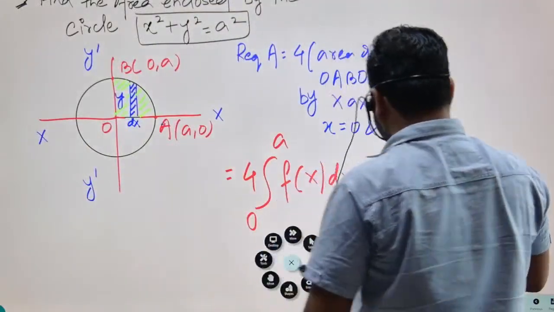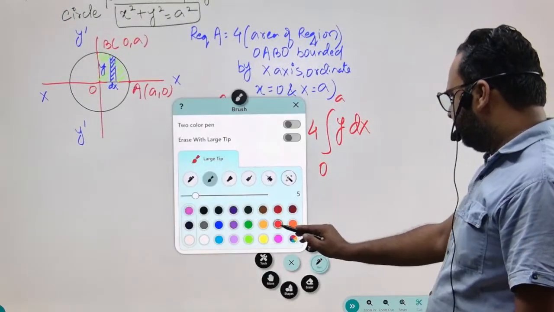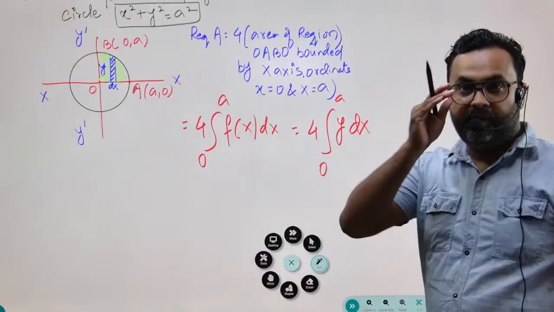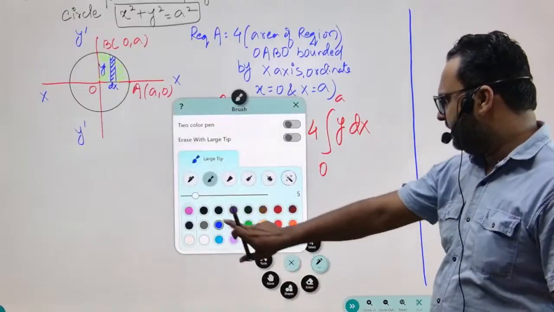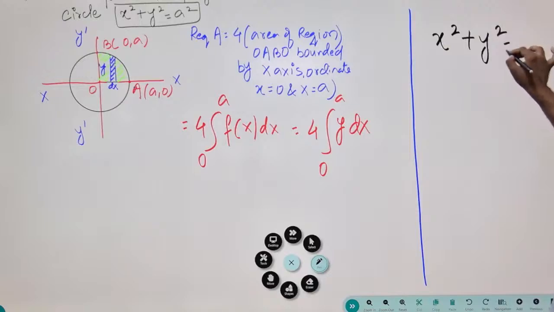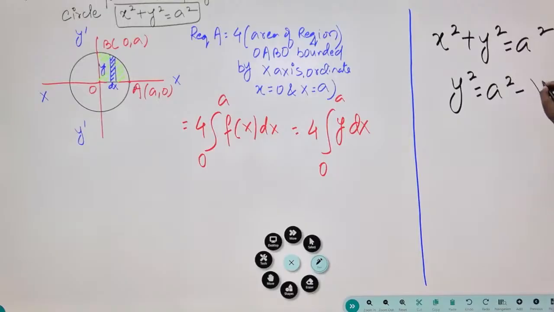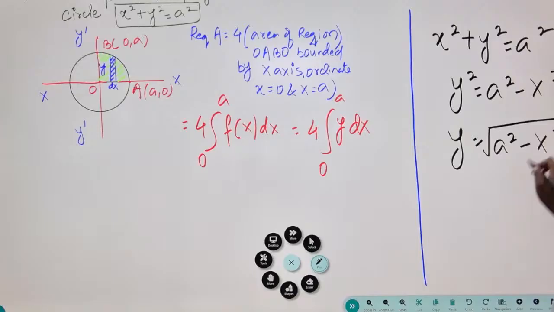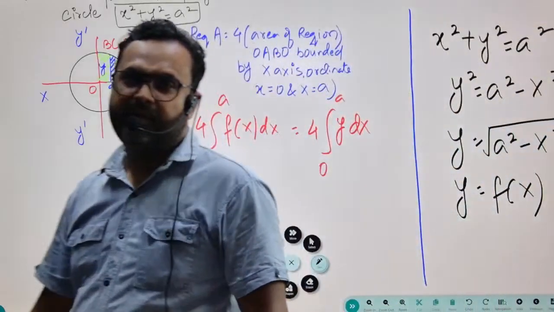From 0 to a. Now, as we know, x square plus y square is equal to a square, so y square is equal to a square minus x square. y is equal to root of a square minus x square. So y is a function of x. Clear?